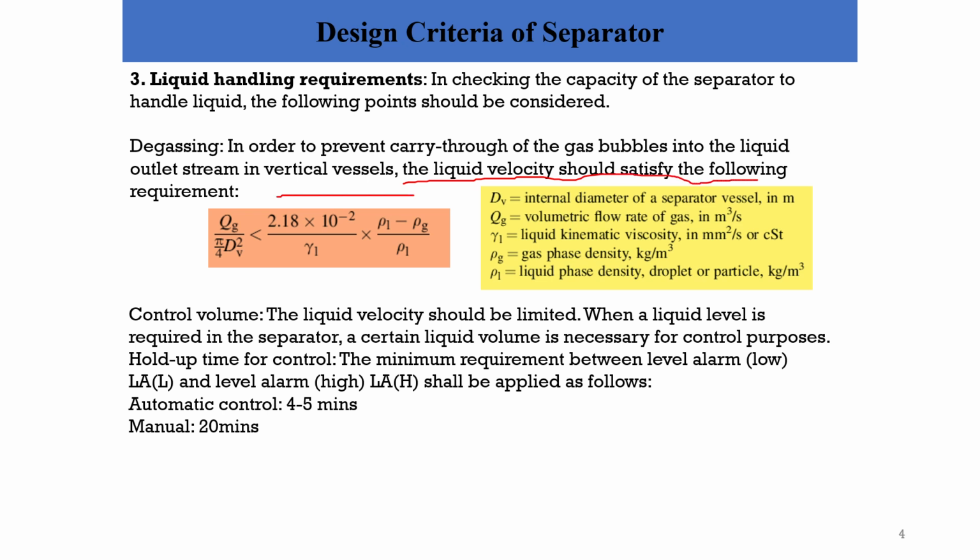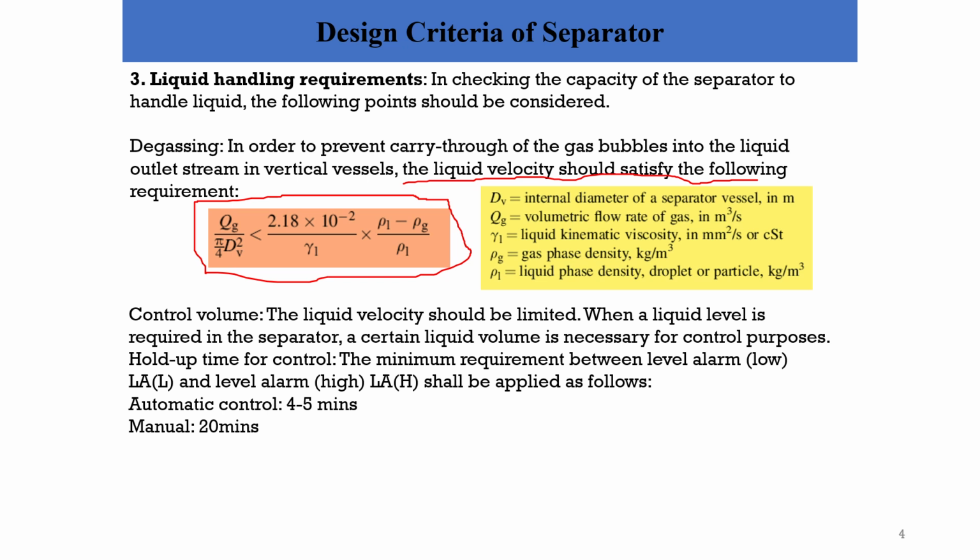So in order to be on the safe side, this statement always has to stand, which means that Qg divided by pi over 4 dV squared should always be less than 2.18 multiplied by 10 to the power minus 2 divided by gamma L, where gamma L is the liquid kinematic viscosity, and this whole term is multiplied by the difference in density divided by the density of the liquid, where dV is the internal diameter of the separator. And also here we need to understand that we need to apply control as well, because we need to control the level of the liquid inside the separator.